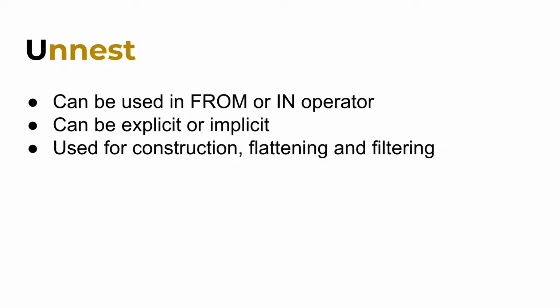The Unnest can be used in two places in the query, along with the from or along with the in operator. There are two types of Unnest, explicit or implicit Unnest. And Unnest is used in construction, flattening, and filtering of arrays. Now we will look into some code examples of how to use the Unnest.